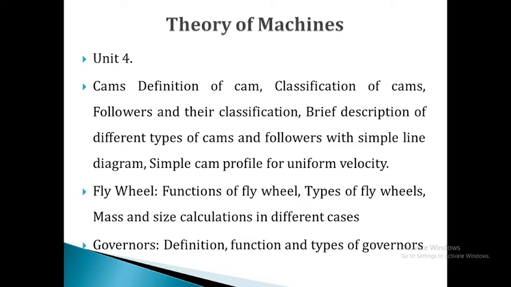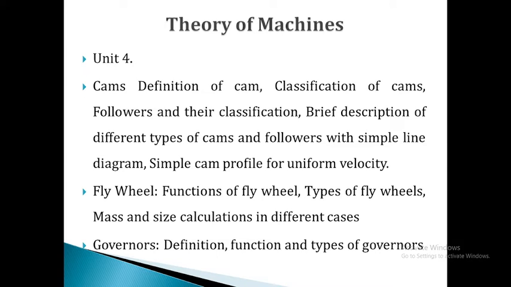The second topic in this unit is flywheel. Flywheels are used to store the extra energy of the engine, and after that this stored energy in the flywheel will be used in another cycle of the engine.